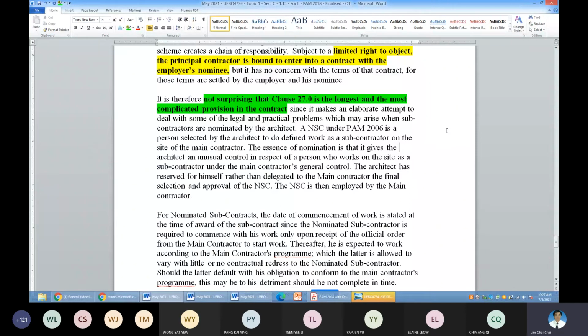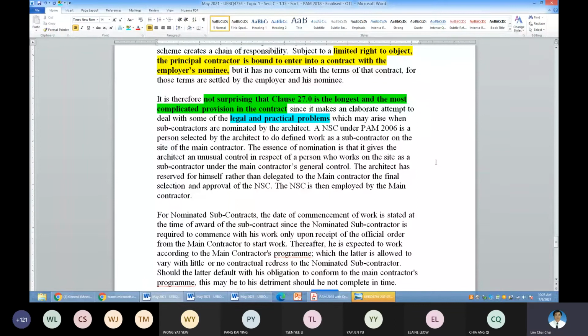So this is forcing the main contractor to accept the NSCs, the responsibility, the liability after the selection. That's why you can see clause 27 is the longest and the most complicated provision in the contract. Okay, so you have to look into the legal and the practical problem. So they have to be very careful how to protect the employer.